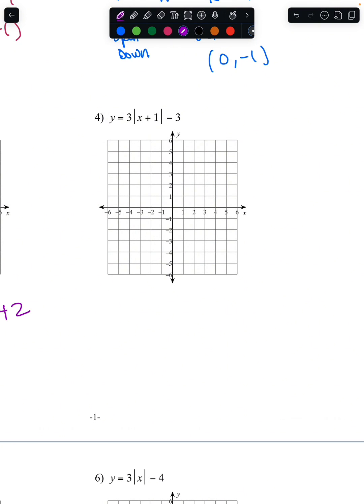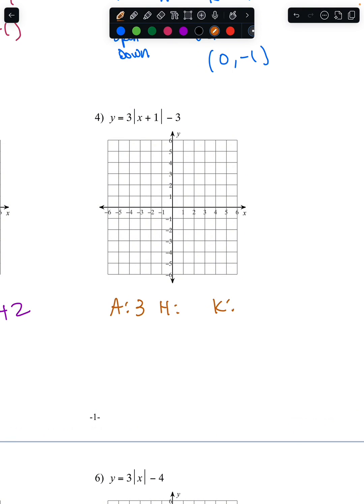All right, now that you've had the time to try it, let's see if you got it right. First, you should have identified your A, H, and K. My A is +3. My H is 1, or is it -1?